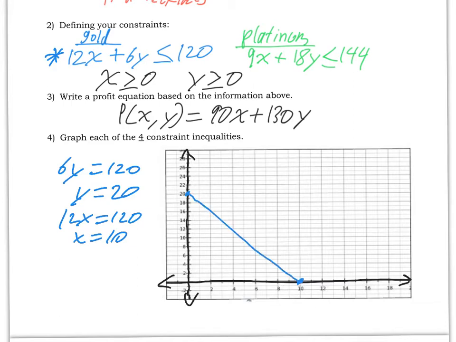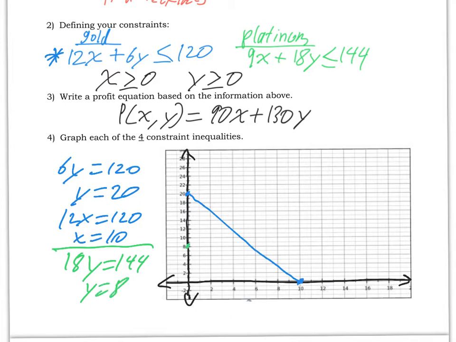There we go. Now we're going to do the same thing for platinum. And again, I think it's actually a little easier to do this with intercepts. So when x is 0, we get 18y equals 144. So our y-intercept, 144 divided by 18 is 8.